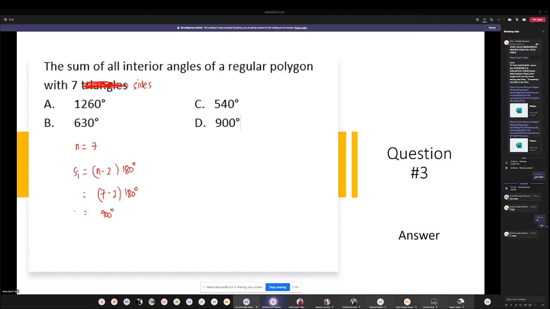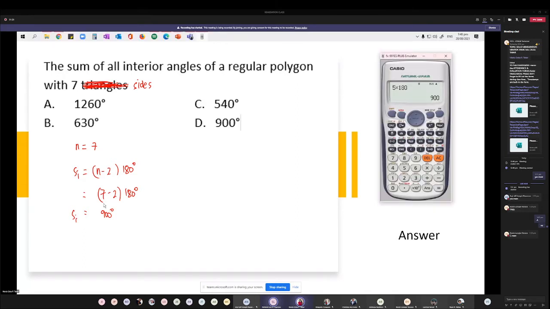Okay, so when you use your calculator, make sure to properly put the grouping symbol. So do not just put 7 minus 2, then times 180. It follows the PEMDAS rule, so the calculator will perform multiplication first before doing the subtraction. So that's why it's negative 353. So you need to enclose the 7 minus 2 in parentheses before multiplying by 180.